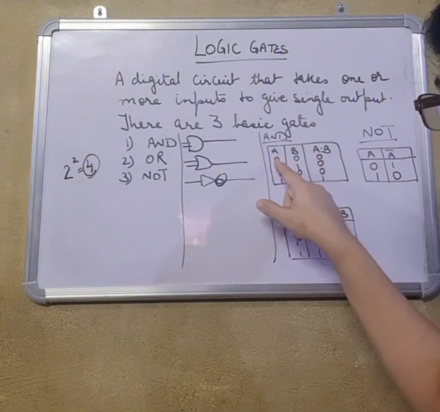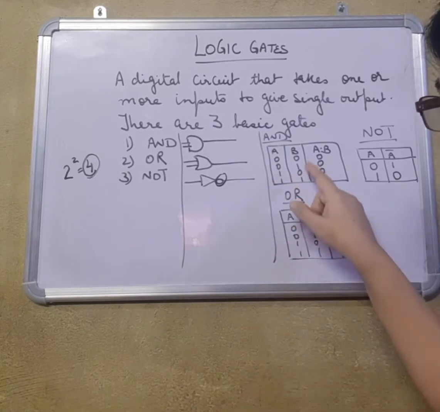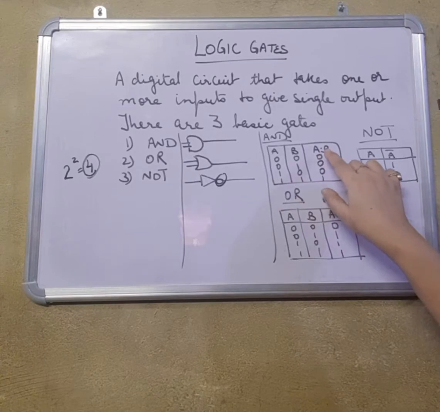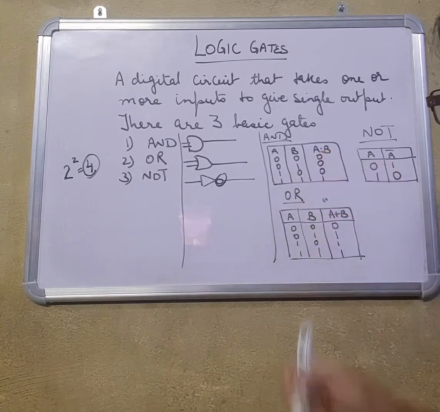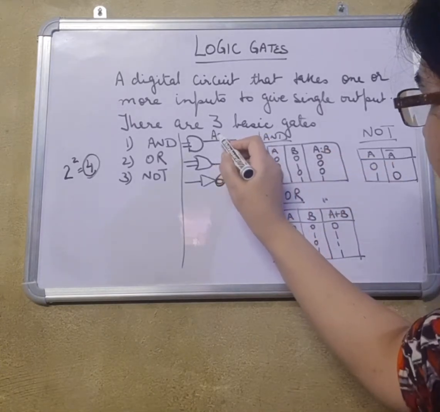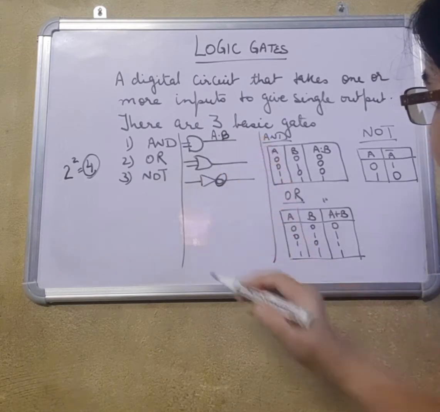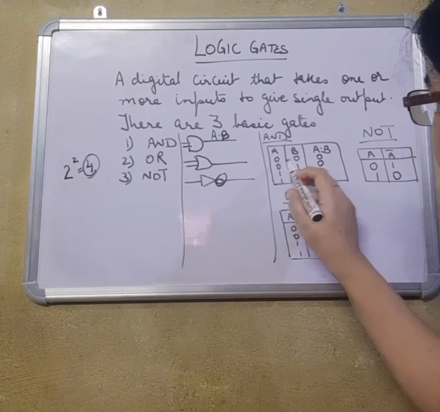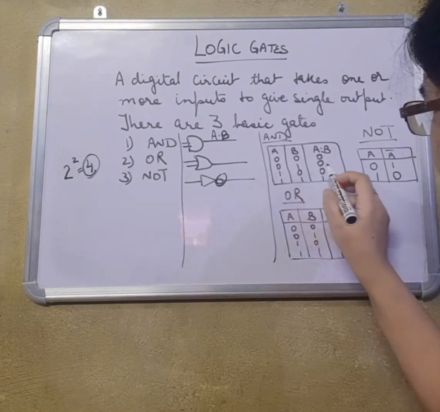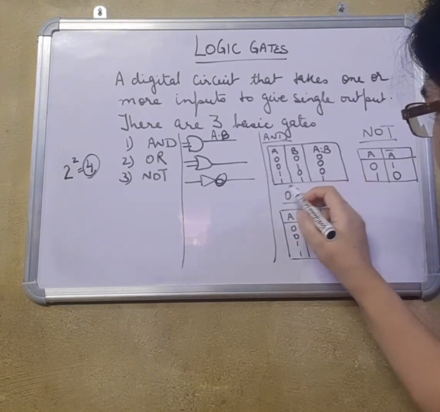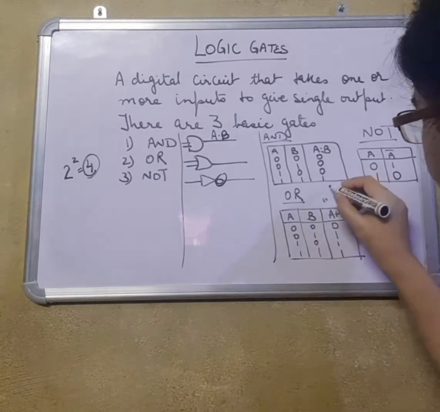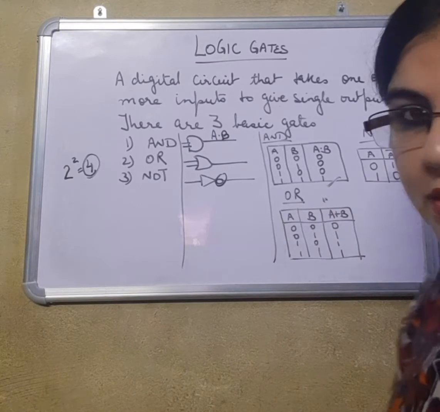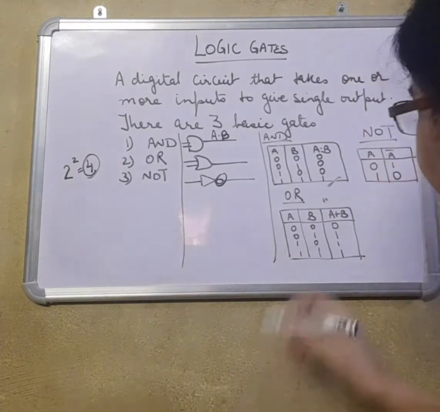So we are taking 0, 0, 1, 1 for A and 0, 1, 0, 1 for B. And if you look, there is a symbol of dot. The symbol of AND gate is represented by a dot, A dot B, which means a simple multiplication. 0 into 0 is 0, 0 into 1 is 0, 1 into 0 is 0, 1 into 1 is 1. So finally, only for both the inputs being 1, you are getting the output as 1.